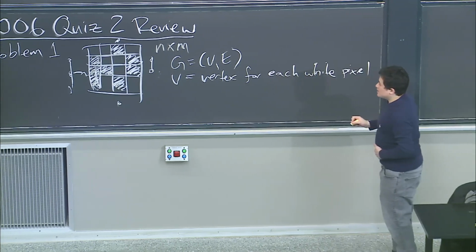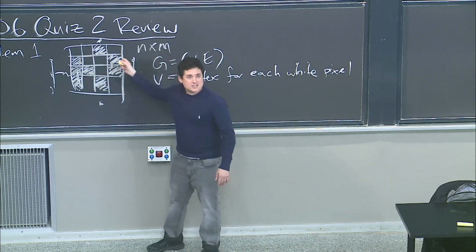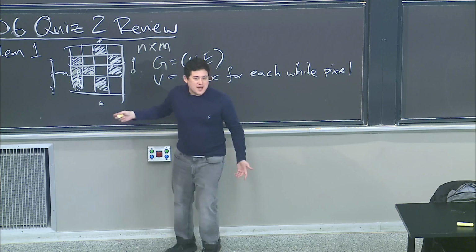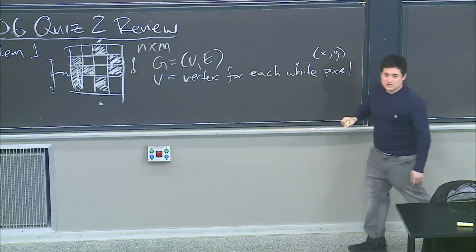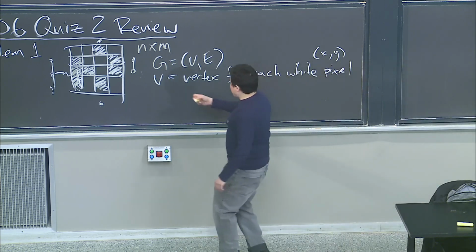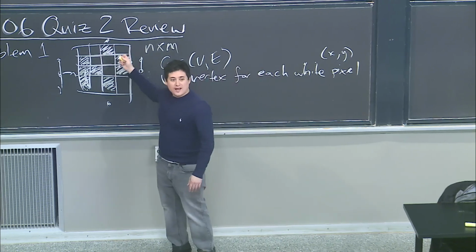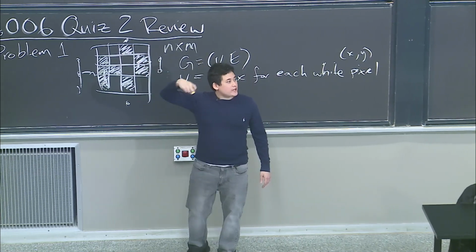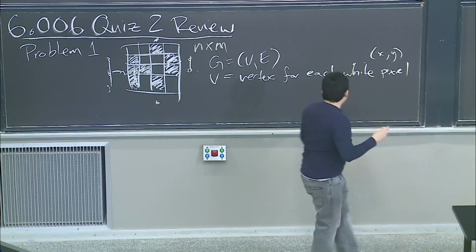Right? And I can just, from the beginning, walk through all the things, find all the white vertices. Maybe I identify them uniquely by their x, y coordinates in this grid. That's fine. Okay? So now I have all the vertices, and now I want to see what the edges are. I can loop through the pixels again and just look at its 4 possible adjacencies, see if any of them are white, and stick that edge in this set.